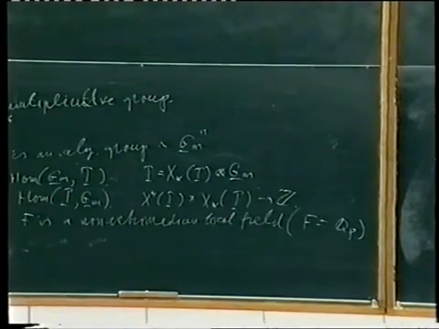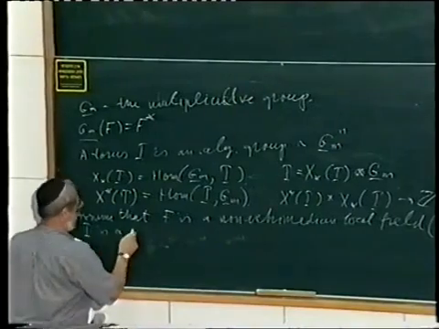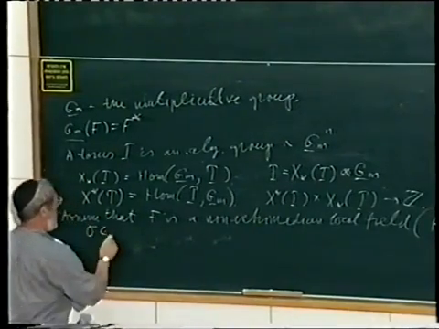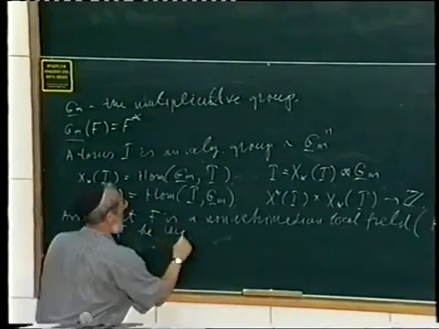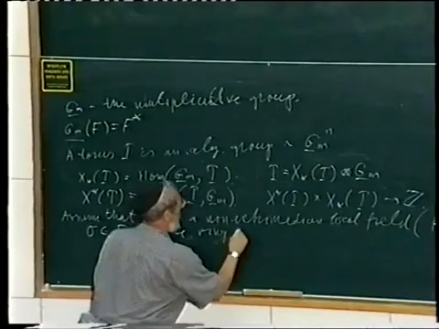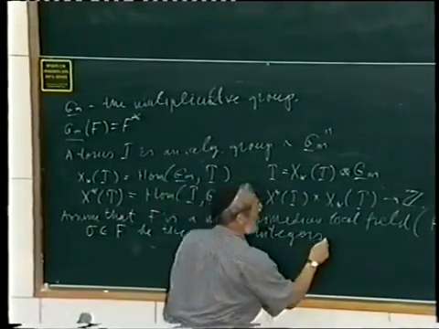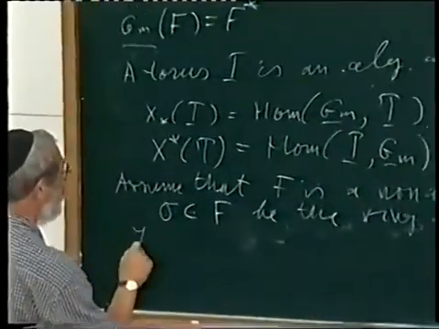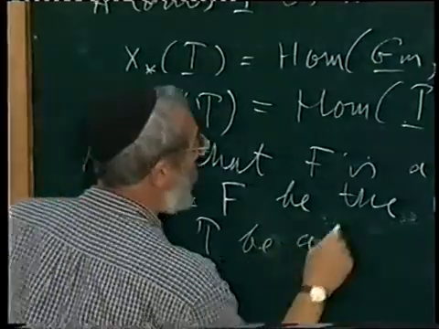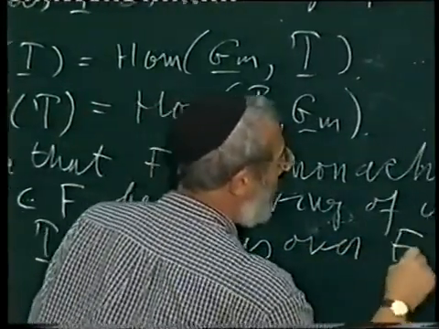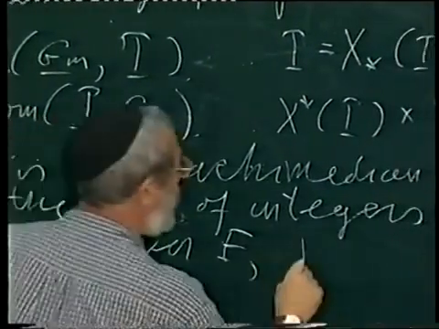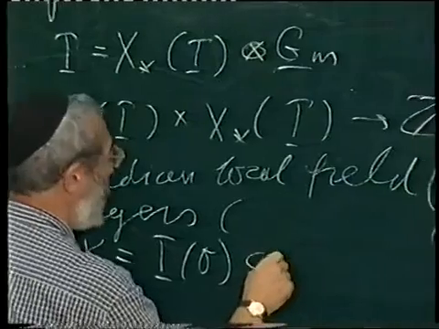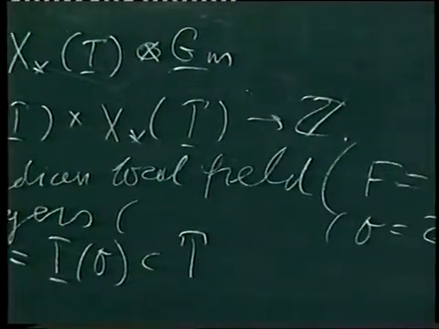Let O in F be the ring of integers. In this case, O is just Z_p. Now let T be a torus, always a split torus, over F. Then K, by definition T(O), is a maximal compact subgroup in T. This is the group of integer matrices.